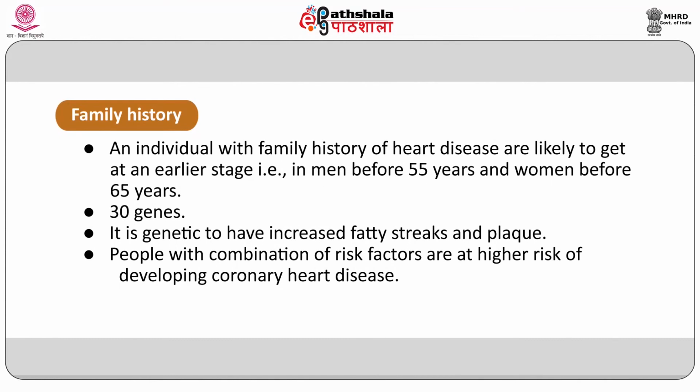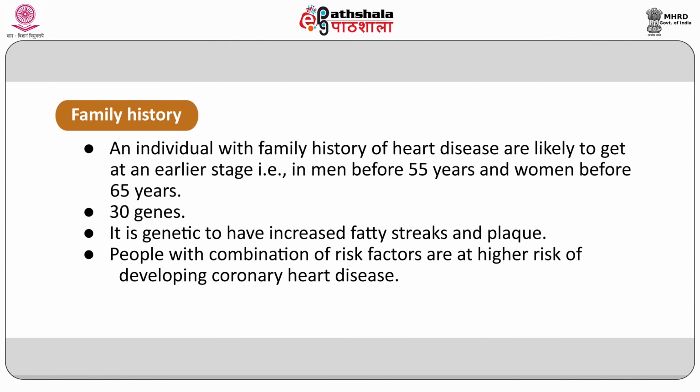Next is the family history. A family history of premature disease is a high risk factor for cardiovascular disease. Individuals with a family history of heart disease are likely to get the disease at an earlier stage, in men before 55 years and women before 65 years.